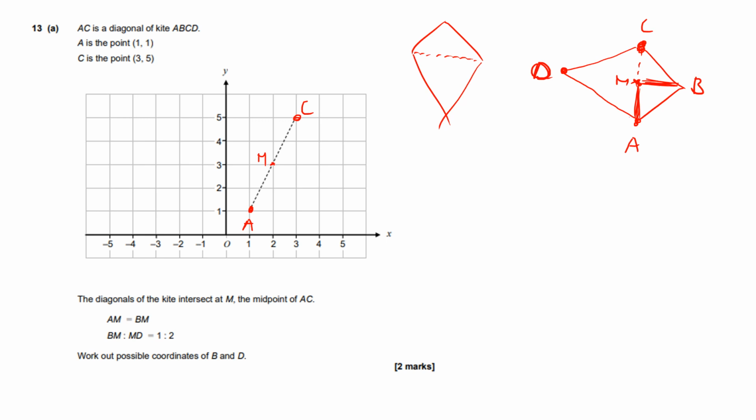So for me to go to M from A, let me just use a different color, it's 1 along, 2 up. I'm going to have to do the perpendicular of this. So it's 1 along, 2 up. So you'll flip this around.